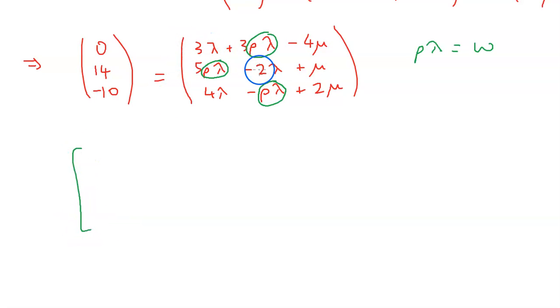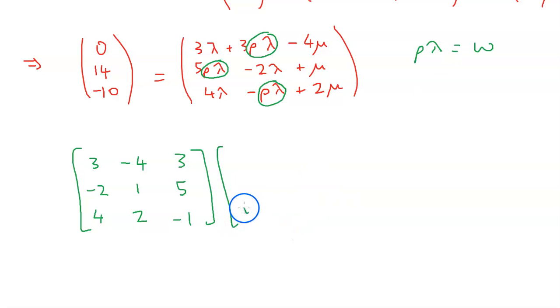Let's say lambda in the first column, so 3, -2, and 4. And then mu in the second column, so that'll be -4, 1, and 2. And then p lambda in the third column, so that will be 3, 5, and -1, which we call w.